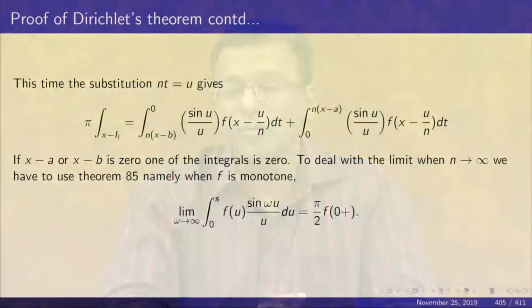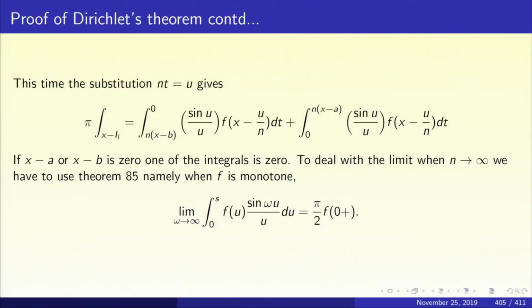Again I am going to put nt equal to u, and the integrals become the integral from n times x minus b to 0 of sin u by u into f of x minus u upon n du plus the integral from 0 to n times x minus a of sin u by u f of x minus u upon n du. Now if x minus a or x minus b is 0, then one of these will drop out.